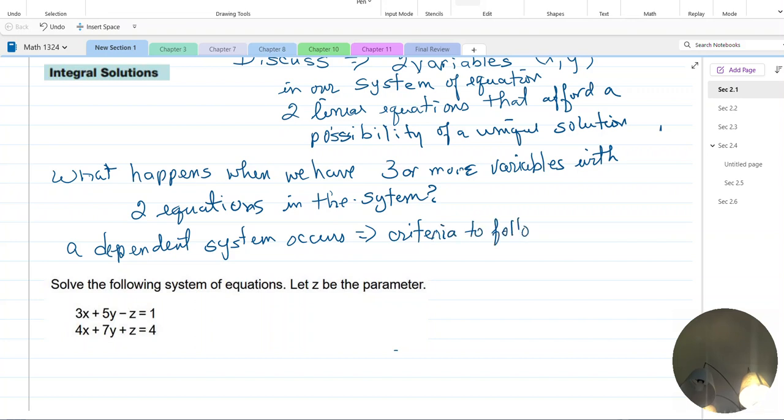Now, always, as you were growing up in math, they always said X is the independent variable. Well, in this case, the driver of the dependent system, that means many solutions, is the last variable in the system.